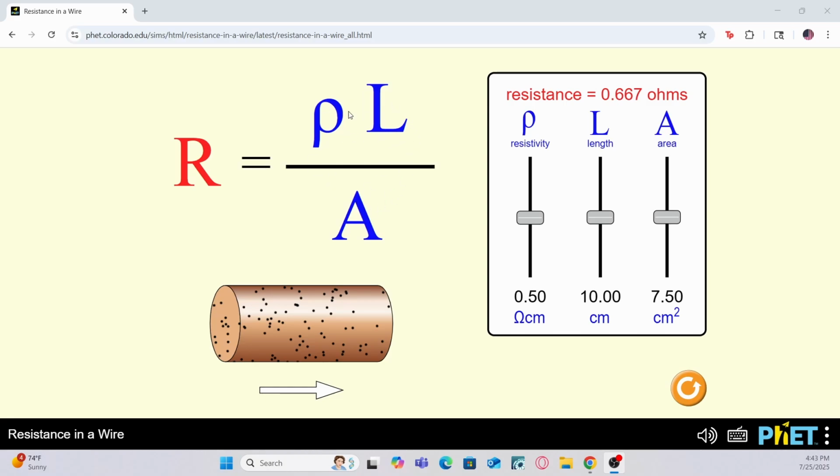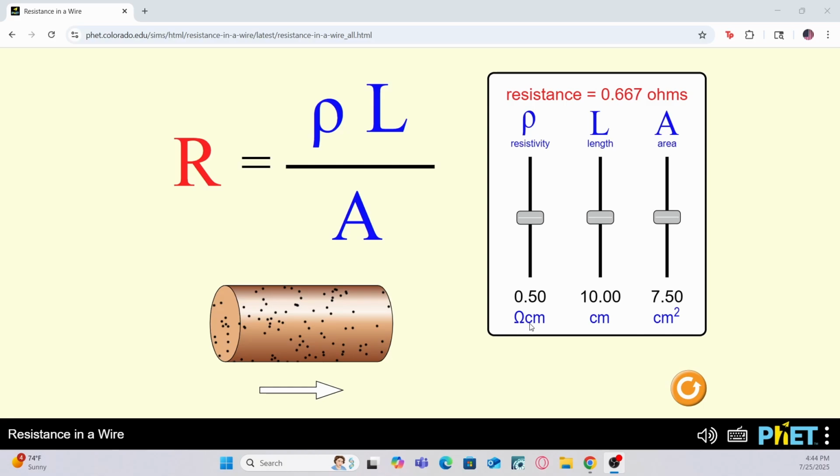And these are all measurements of the conductor itself, okay? Let's start with rho. Rho, represented by this small p symbol, represents resistivity and is measured in ohm meters or ohm centimeters in this case. Basically, resistivity is how difficult it is for the flow of electrons to pass through a length of conductor.